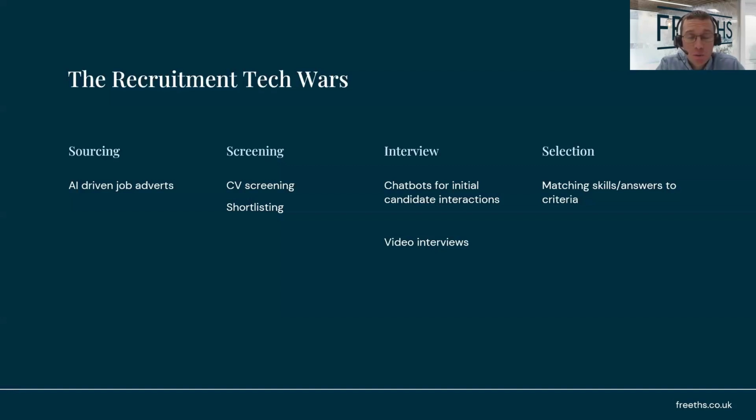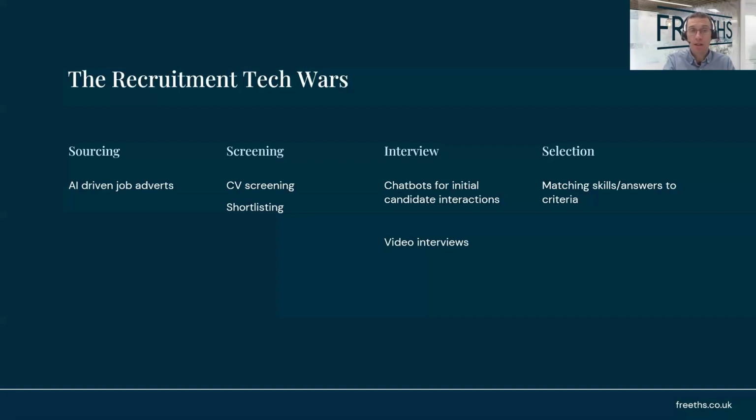Okay, so one of the main areas where we have seen and are seeing the impact of AI in the HR sphere, as many of you will know, is within recruitment. AI has the potential to significantly streamline and make more efficient the recruitment process. And I've mentioned on this slide ways in which it is being used. So at the very outset, in terms of job adverts, is designing those job adverts, creating content for job adverts using AI.